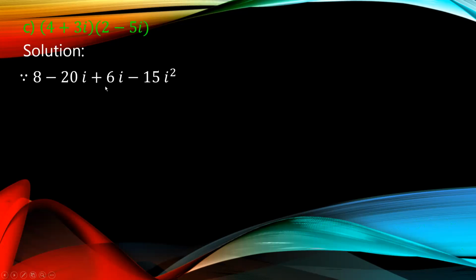Here, I will simplify it. 8 is real. Negative 20i and 6i are imaginary, so I will add them. Negative 20i plus 6i will be negative 14i. Here, negative 15i power 2: i power 2 equals negative 1, then negative 15 times negative 1 equals 15.